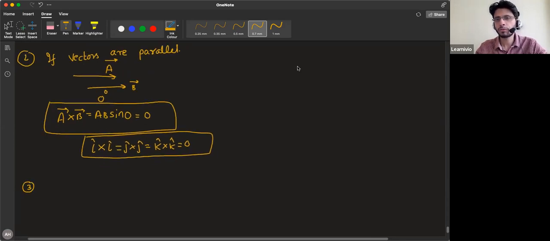And there is one more way to check for parallel vectors.